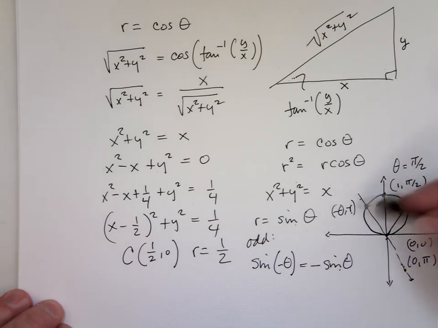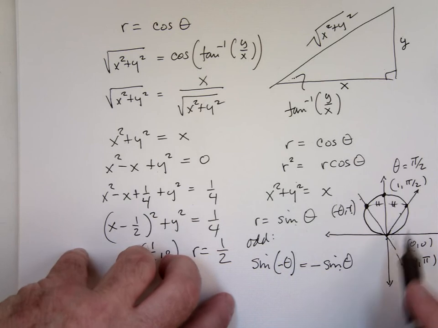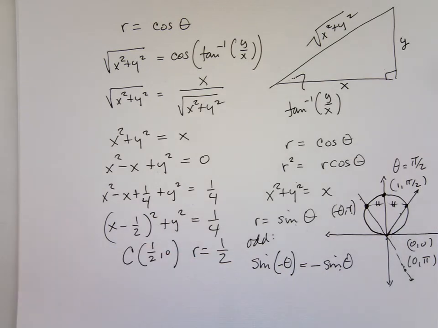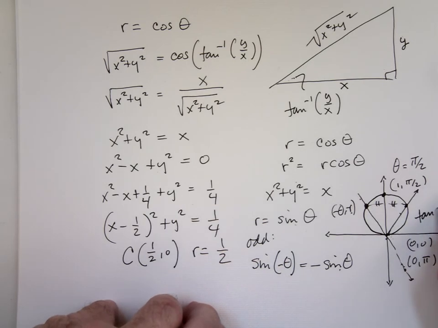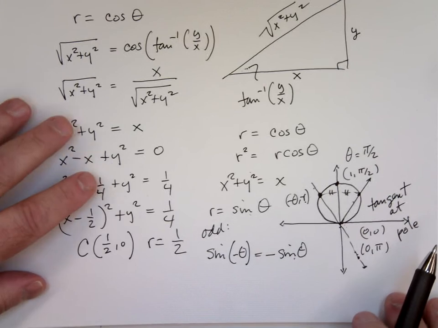Okay? One other thing you should realize with these, you've got two kinds of tangents to these things. Tangents at the pole. We'll take a look at this tomorrow some more too. Okay? Oh yeah. Good call. Tangent at the pole.